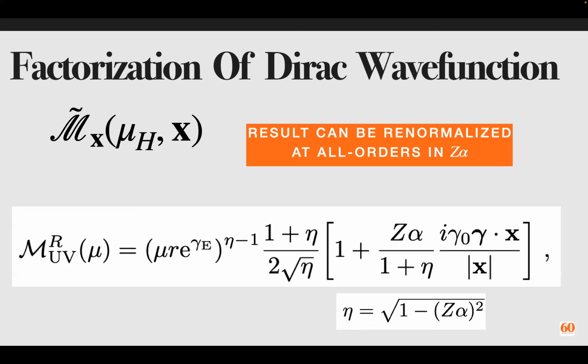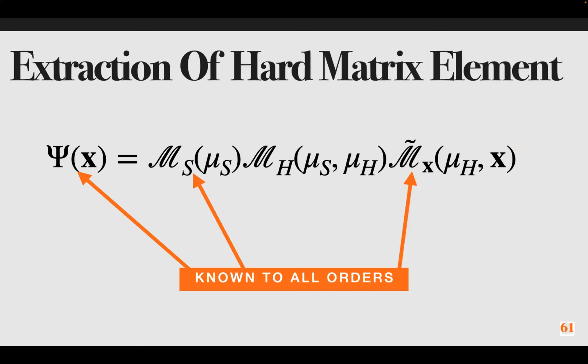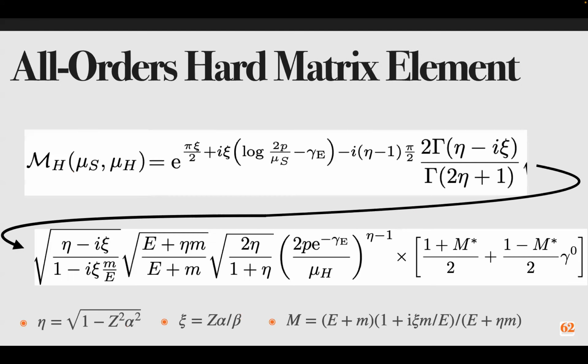An all orders result can be obtained for this UV region that depends on X. And so now I have a wave function, I have a soft function, and I have a short distance function, all of which are known to all orders in Z alpha. And so I can just extract the all orders expression for the hard matrix element, and it's given by this. And this reproduces the answer at 2 loops, like bang on.